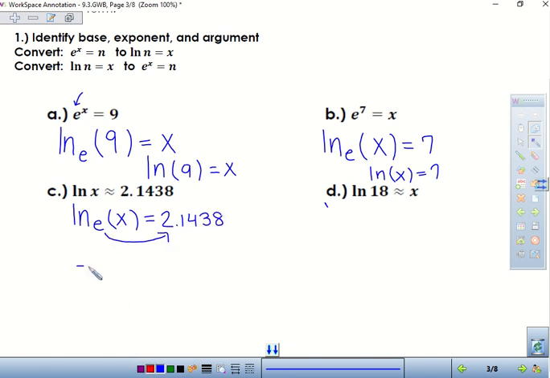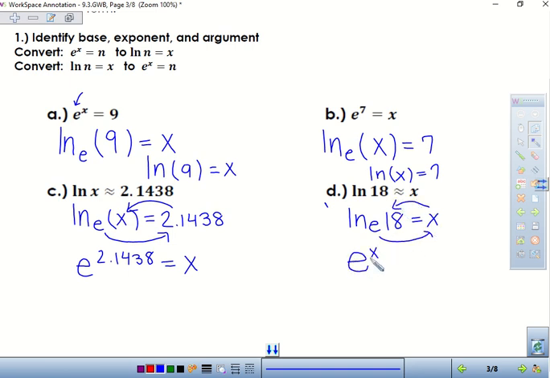E to the 2.1438 power is equal to what? X. Same thing over here. I can write in the implied base, which we know the base to be, and then I can use the arrow method. E to the power of x is equal to 18. So that's how we convert back and forth between the two.